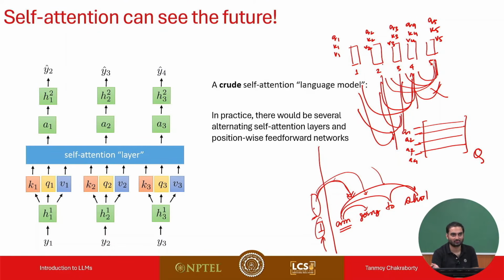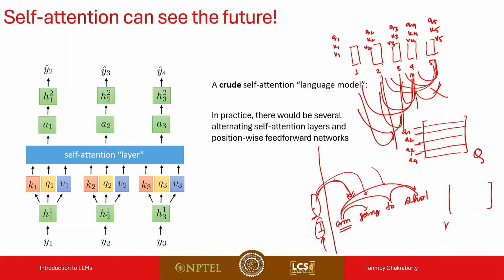If you don't do matrix operations, then you won't be able to leverage GPUs and TPUs, for example, tensor processing units. And then the key matrix contains all the keys. Let's say keys are stored column wise: K1, K2, K3, K4, K5. So this is your Q, and this is K.